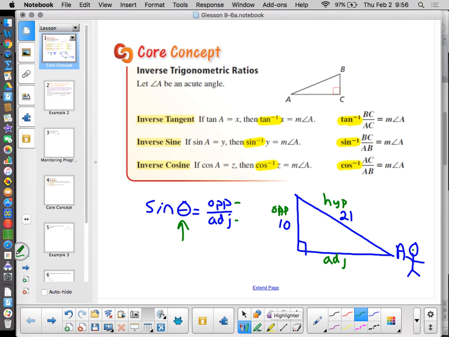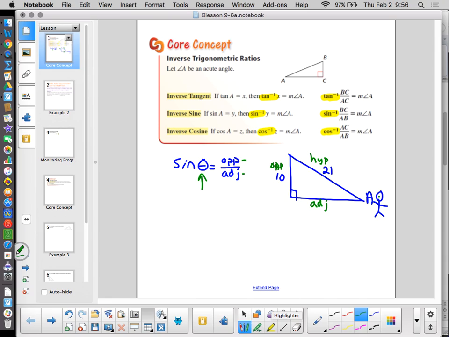And this is the adjacent. I know the opposite and hypotenuse. And since I know opposite and hypotenuse, that's going to be the sine function. So sine of my angle is 10 over 21. We've been doing that for a little while. The problem is, now the angle is unknown.